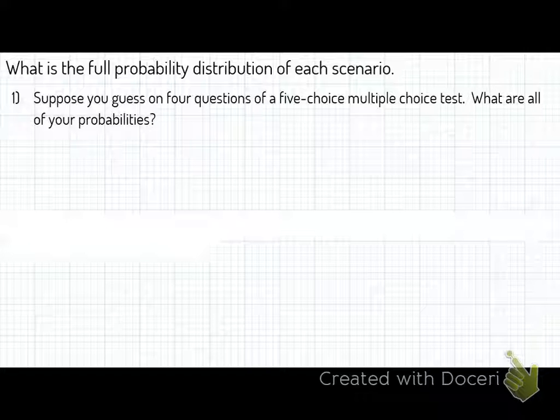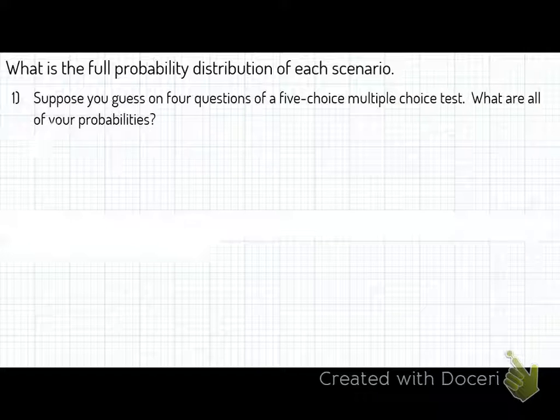So P, remember, is the probability of me getting a success, okay? So what's the probability, if I guess on 1 problem out of a 5-choice test, of me getting the answer right? What's that? 20%. How do I write that as a decimal?